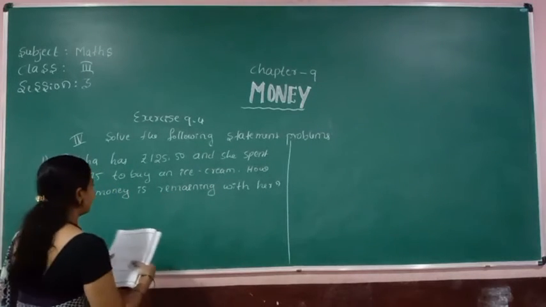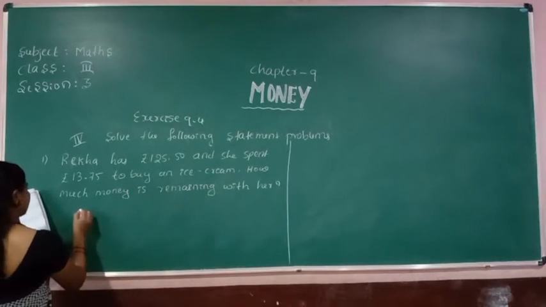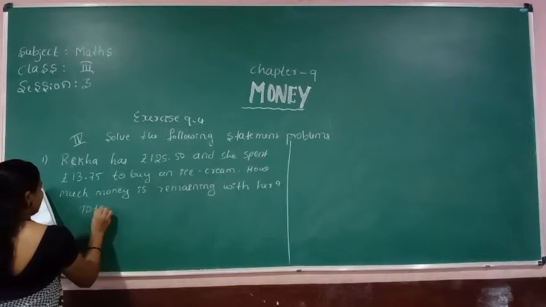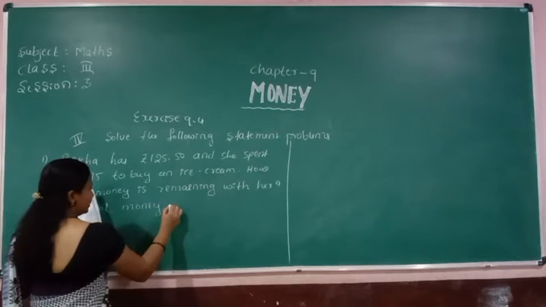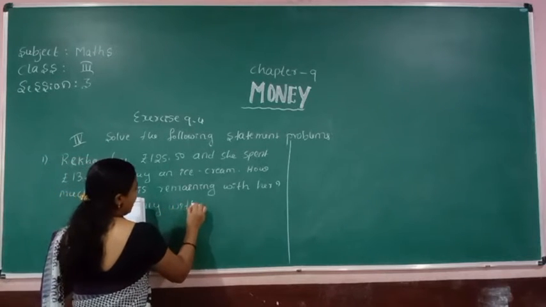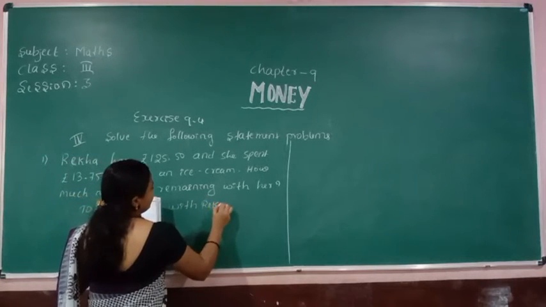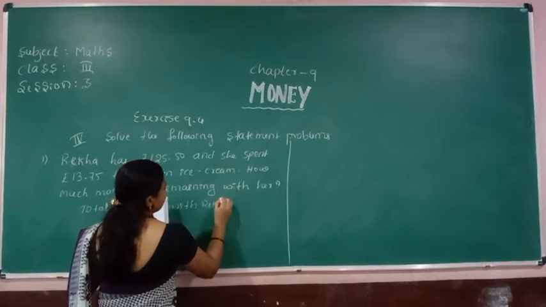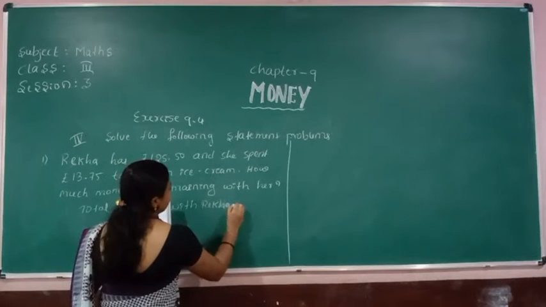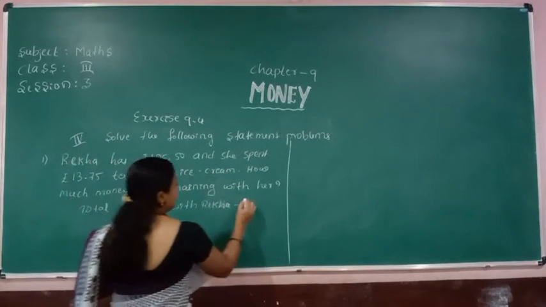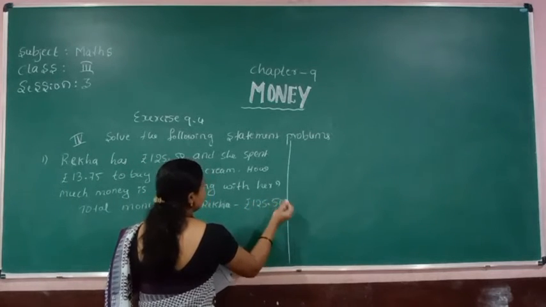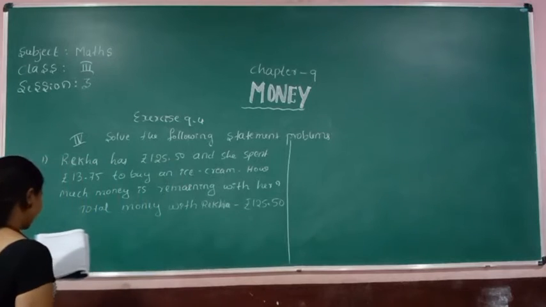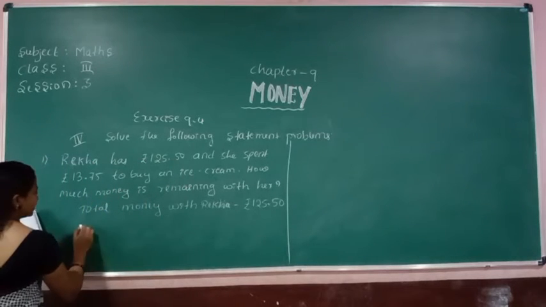Okay. So what will we do here? We subtract. Yes. So total money with Rekha, how much is there here? So she has 125 rupees 50 paise. Okay. Yes. Next one, money spent for ice cream.